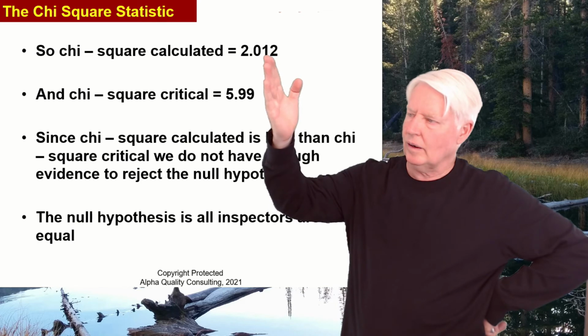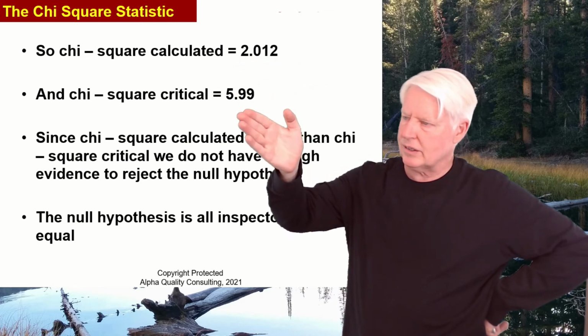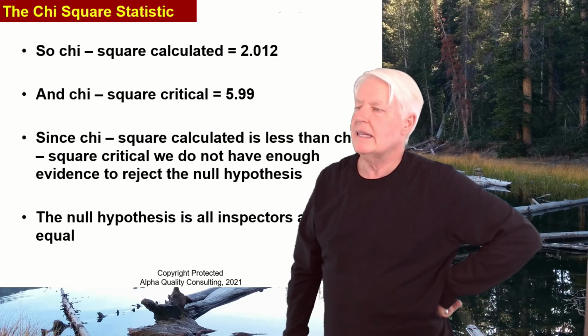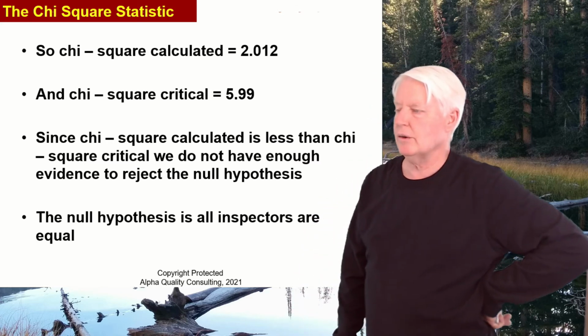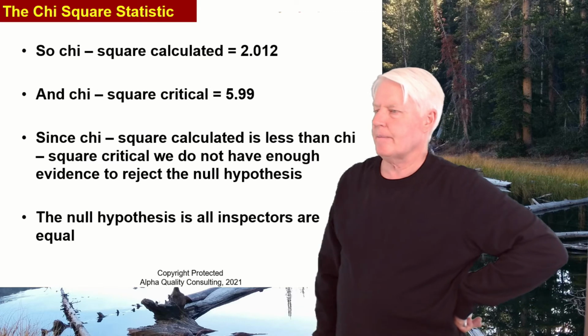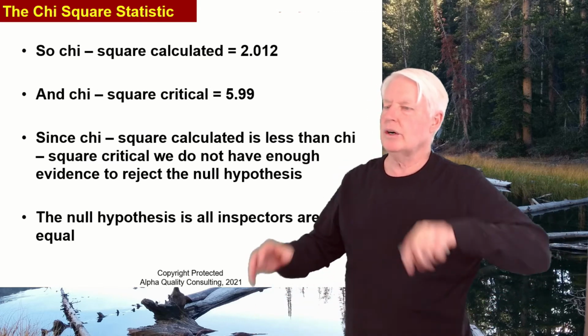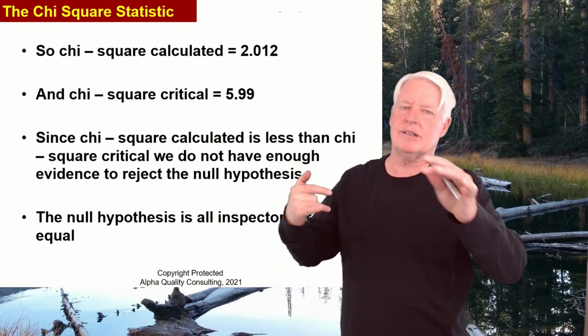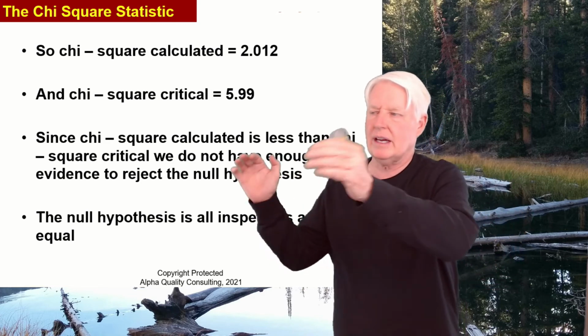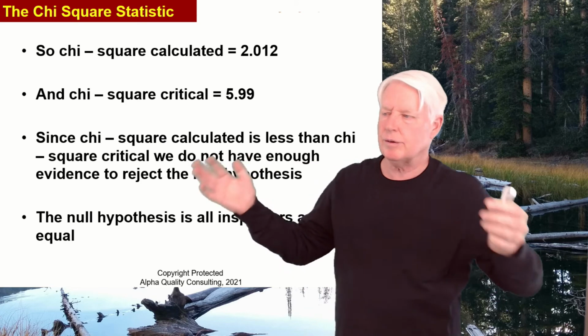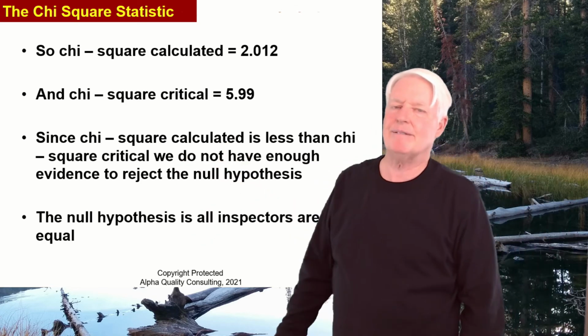But since our calculated was less than our critical, we would say it is statistically insignificant, the difference between those three operators. In other words, we can change them around, do another test, and the one that finished last this time would be maybe second or third. They'd always go back and forth because they're statistically insignificantly different.